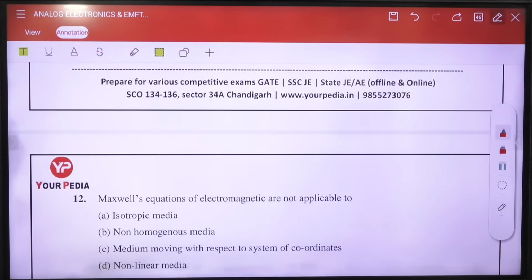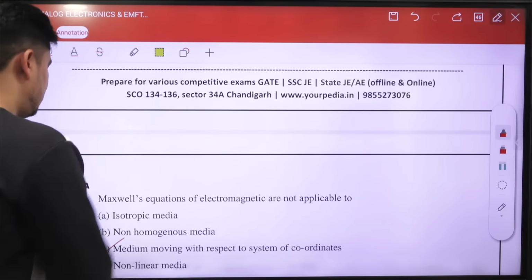They are not applicable for a medium which is moving with respect to the coordinate system. If your medium is moving, then Maxwell equations will not be applicable there, right?